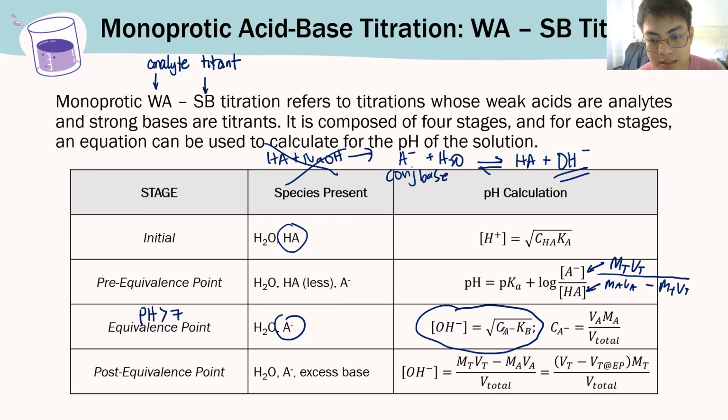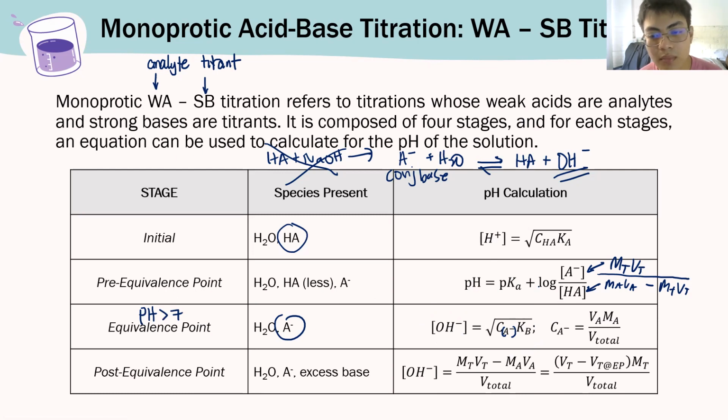That is not a minus sign; that is A minus, the charge of the anion. So it is Ca times Kb. Where does this come from? The small x approximation. So what is important here, always remember that at the equivalence point, the pH is greater than 7. It is no longer 7. It is greater than that.